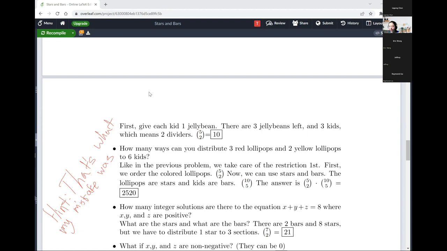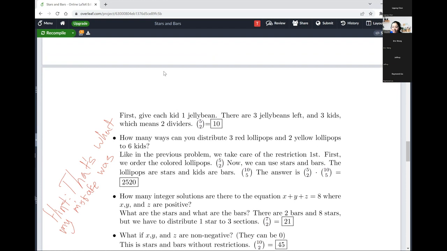Okay. So how do we do this problem? Let's do the same thing. Let's separate our 8 into 8 different ones, and since they can be 0, we don't need to give any of the categories X, Y, Z any of these ones beforehand, like we did up here.